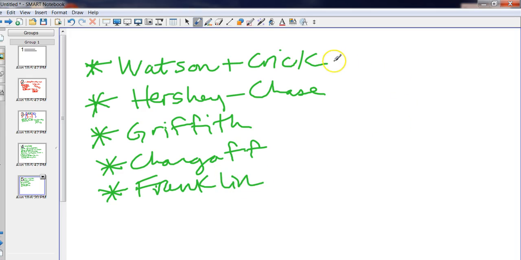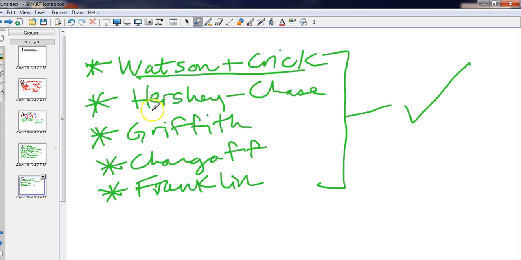So what you need to do in your composition book is look up all of these scientists that have contributed to the discovery of the structure and function of DNA. And if you could somehow make a matching type of little quiz based off of the knowledge that you find out about what they discovered about DNA.